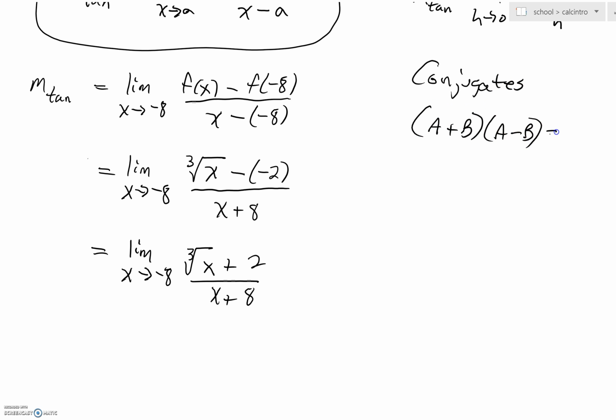A plus b times a minus b was a squared minus b squared. What's the power of that? Well, you would have a difference of squares. The whole purpose for doing that was to get squares to cancel square roots. Here's the problem. You don't have a square root, you've got a cube root. You want to get rid of a cube root.